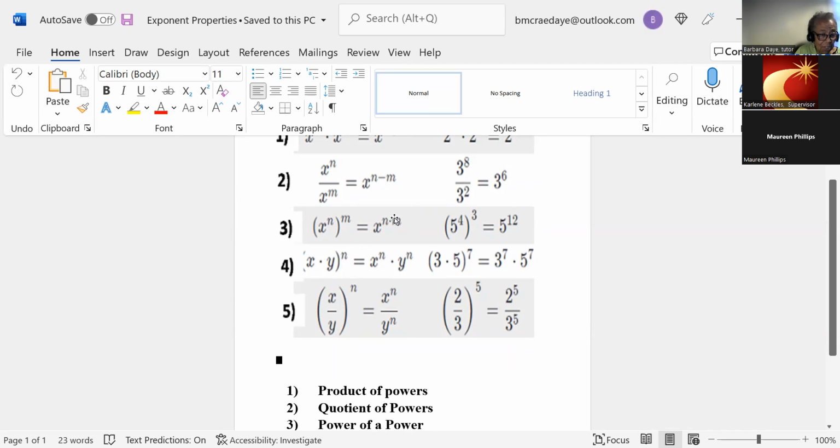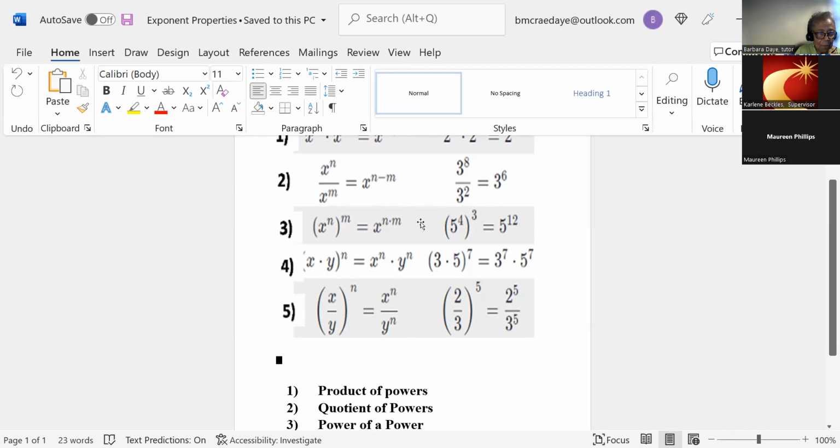That's right. Very good. The dot here is multiplication. So like x to the n, all raised to the power m, you multiply n times m. And then when you put the numbers in there, 5 to the 4th raised to the 3rd power, what do you do to those powers, Maureen?